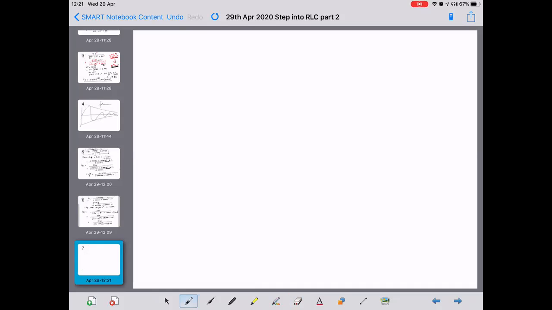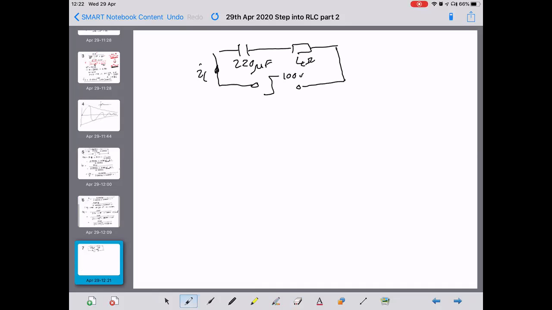This one is just 220 microfarads in series with 4 ohms and a step of 100 volts. It wants an expression for I at T.